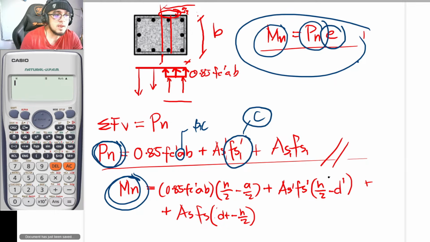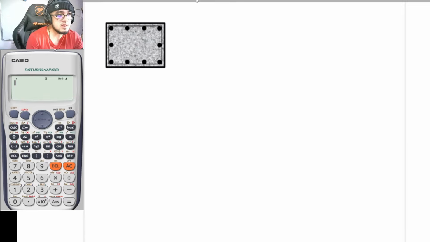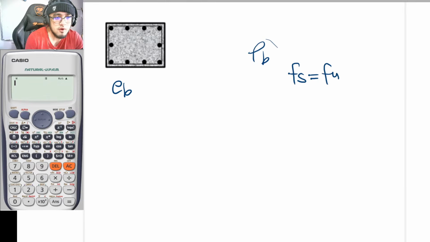So what is to be our basis for assumption? There is this thing which we call e-balance, or the balance eccentricity. If you can remember before, for your rho b, this is the steel ratio that would give you a value of Fs exactly equal to Fy.